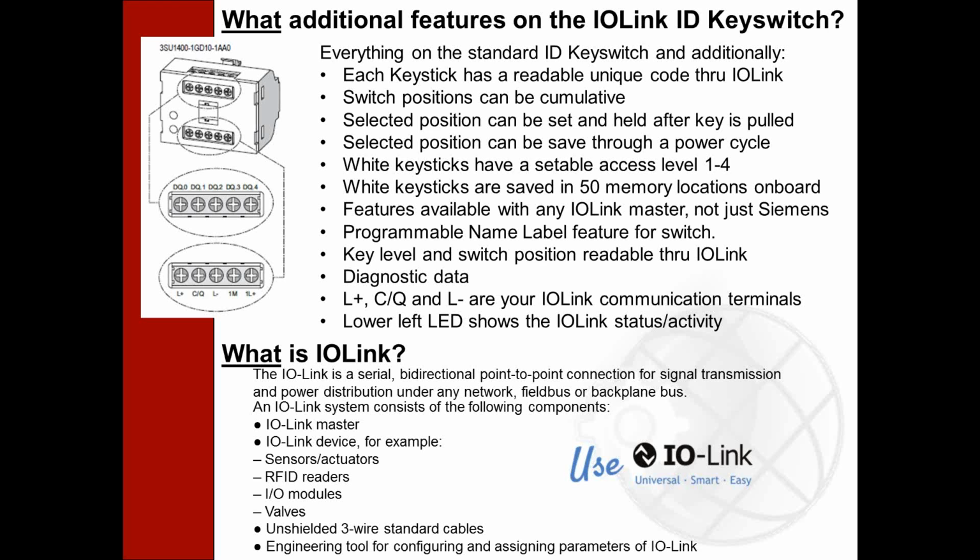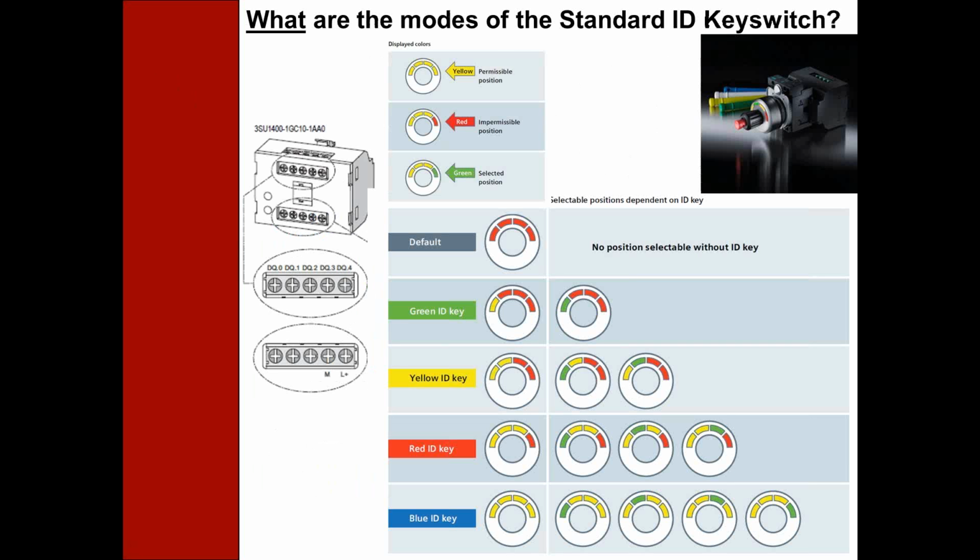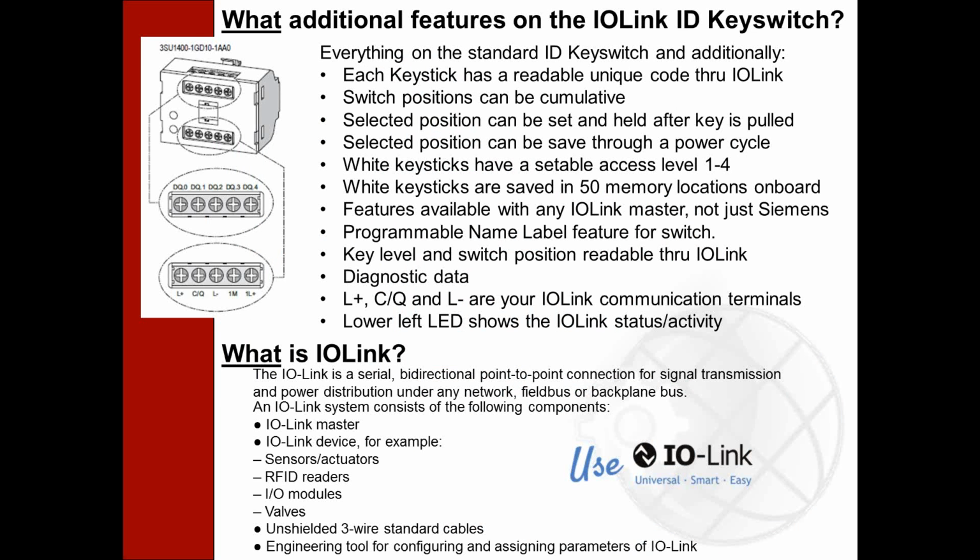And then the terminals that are specific to this, we'll go back a slide here. So if we look at the lower terminal strip, if we go back to the terminal strip on the standard version, the three terminals there on the lower left are just blank. They're essentially meaningless in the standard version. Oops, I went the wrong way there.